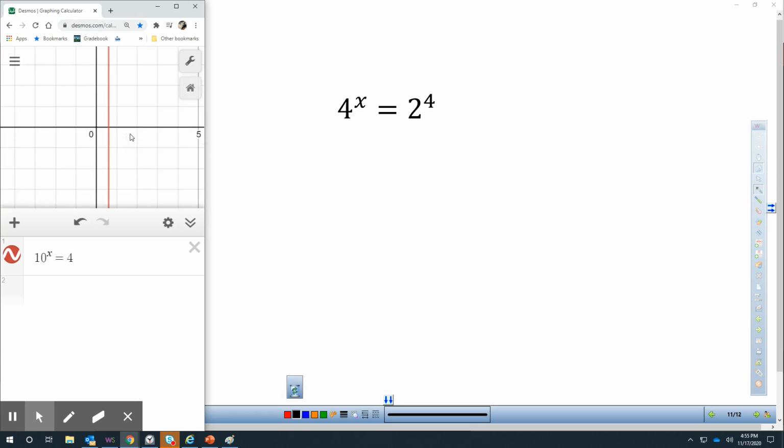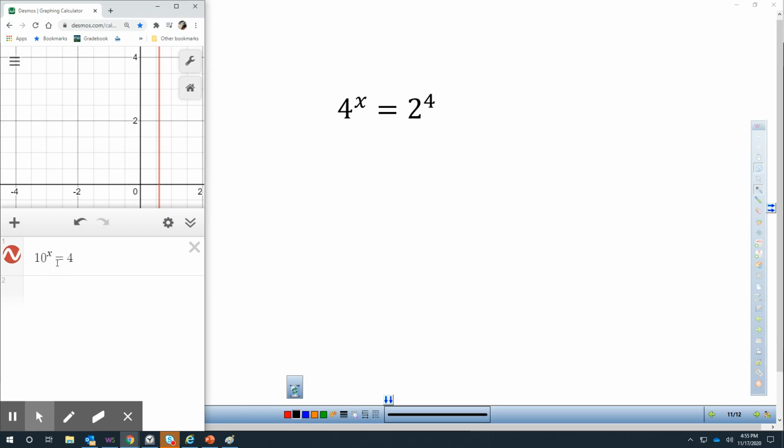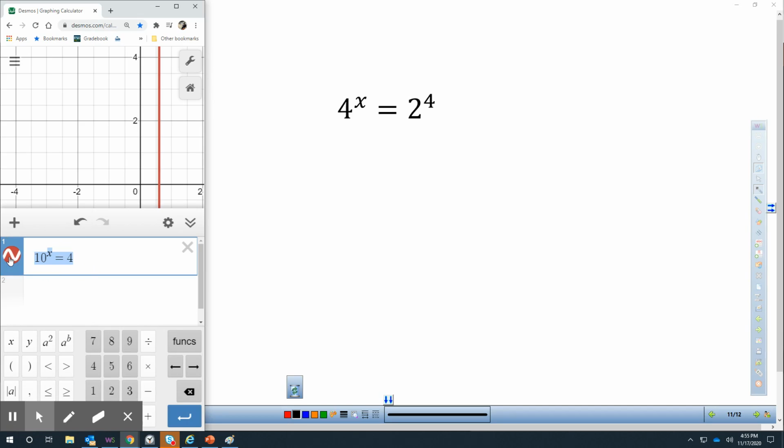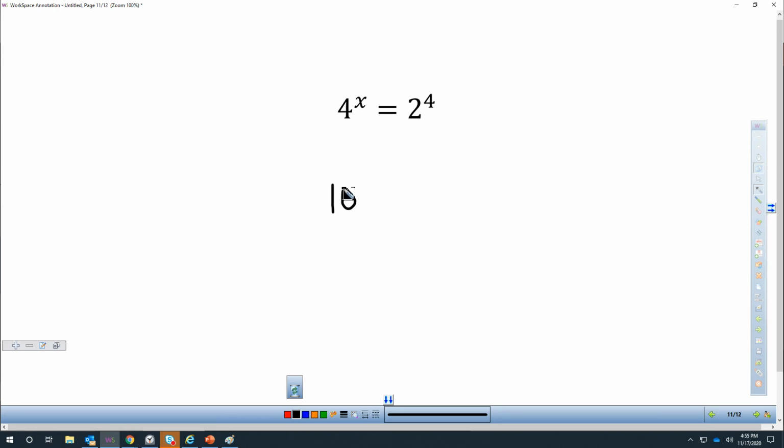It makes sense to type in log base 10 of 4, because that's really how you find it. So log base 10 of 4 is 0.602. What that means is 10 to the 0.602, approximately, is the same thing as 4.